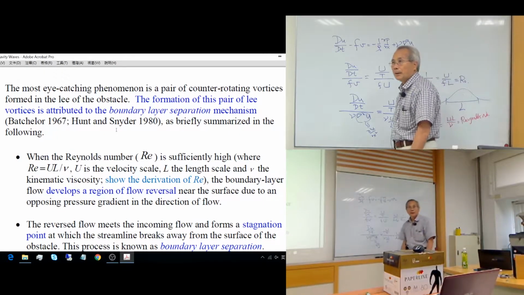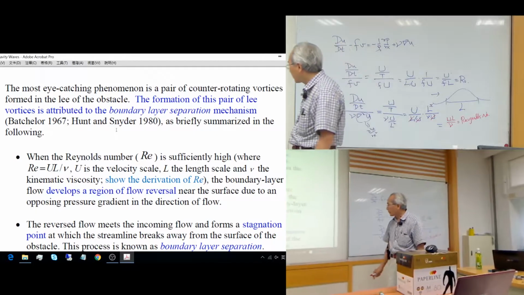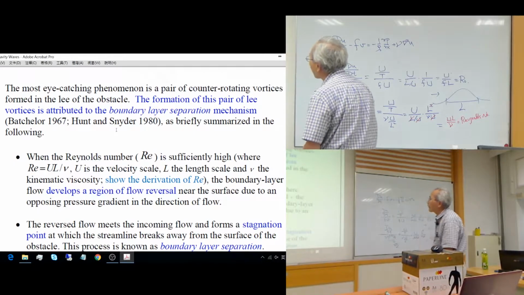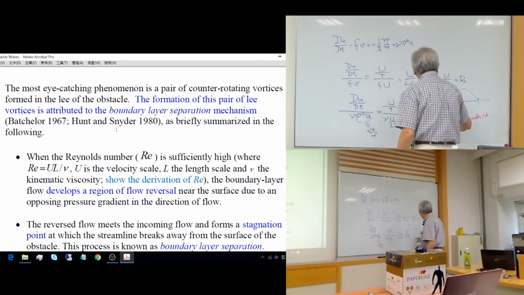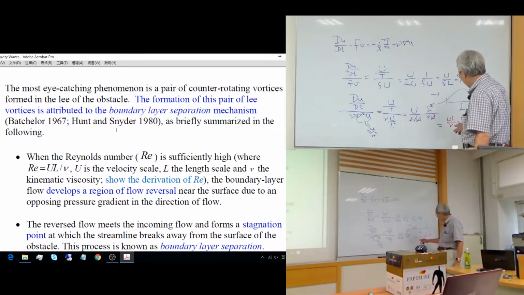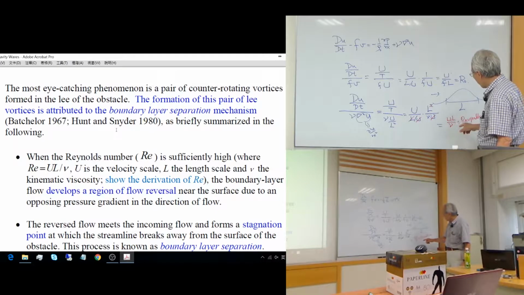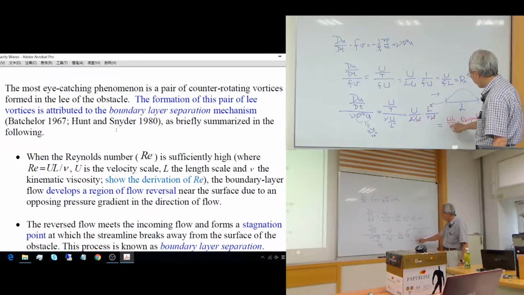So when the Reynolds number is large, that means either U and L are large or nu is small.